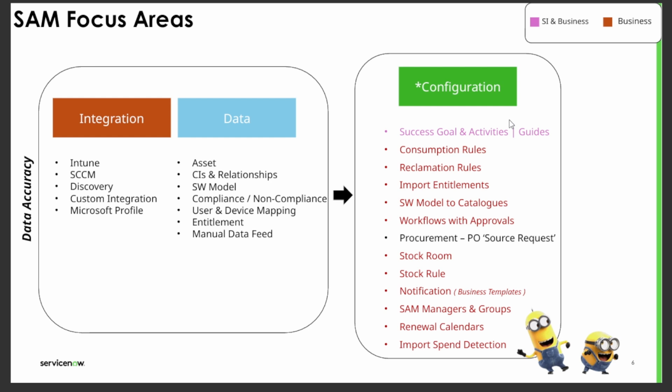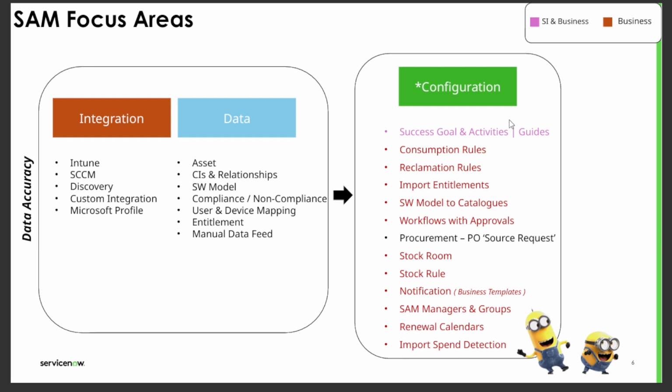Once this is done, you should focus on the stock rule, because the stock rule has a dependency on your stockroom. To define your stock rule, your prerequisite is the stockroom. How the stock rule helps here is that you can define a threshold value in the business.